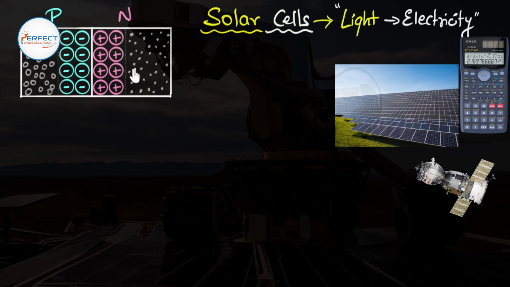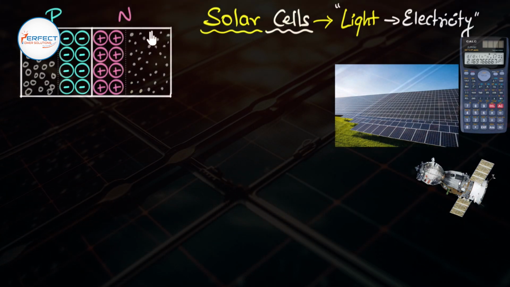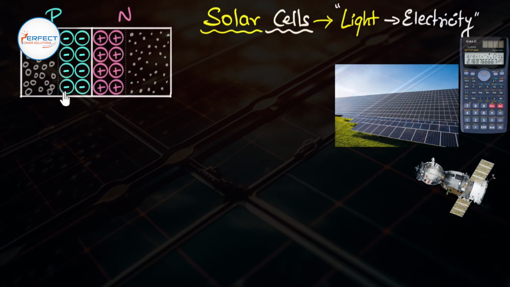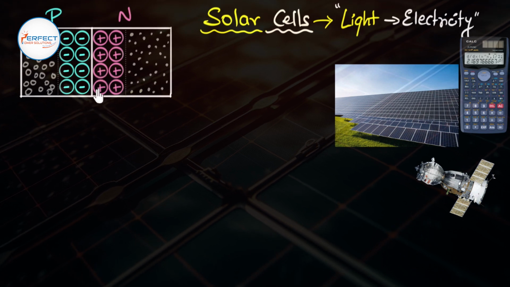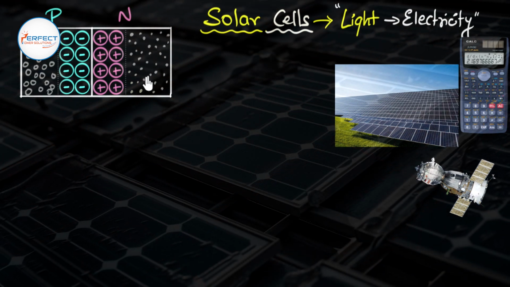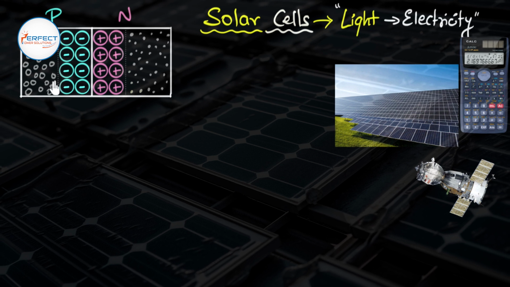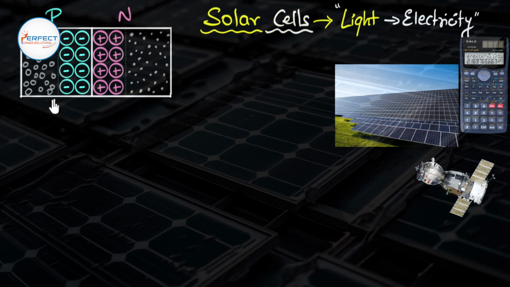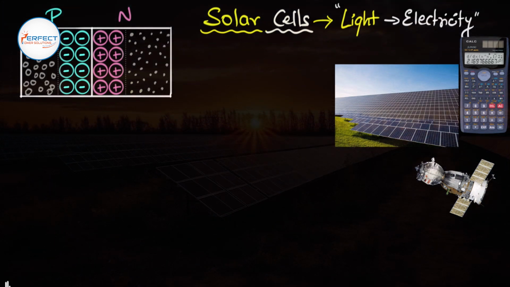And on the other side we have donor impurities, they donate electrons, so they leave electrons. The region in between is where electrons and holes destroy each other, causing a depletion region. This depletion region acts like a barrier, and it doesn't allow further diffusion and recombination of electrons and holes. We've spoken about this in great detail in previous videos on PN junctions, so if you need a refresher, feel free to go back and check them out.